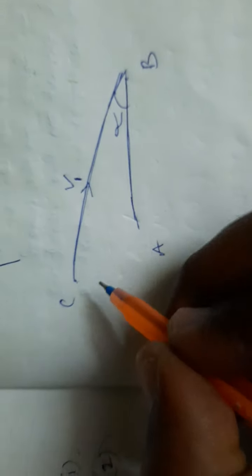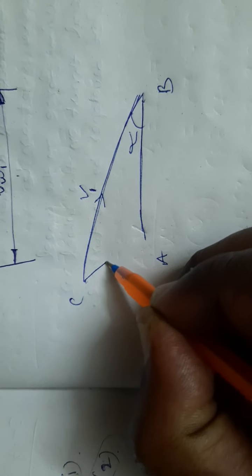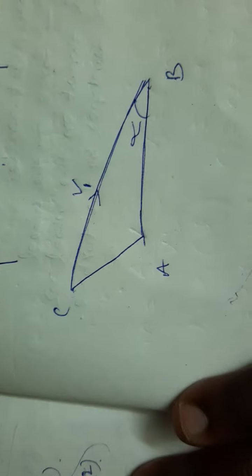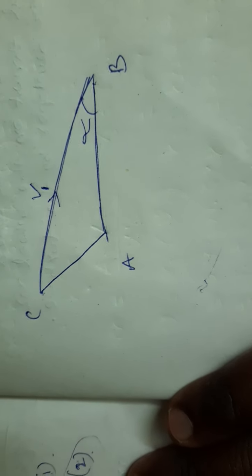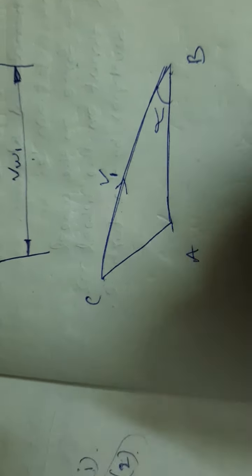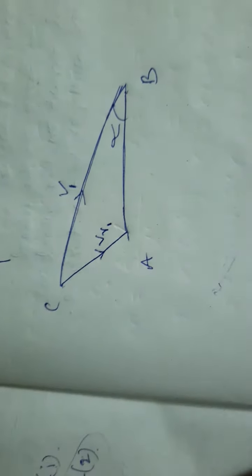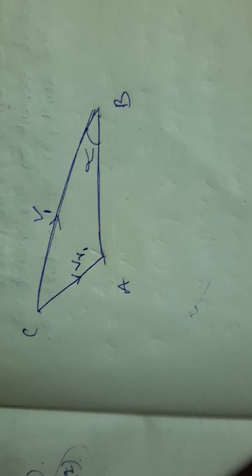Join AC, which represents the relative velocity at inlet.